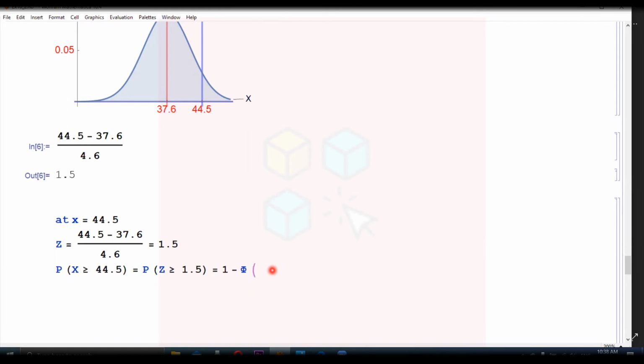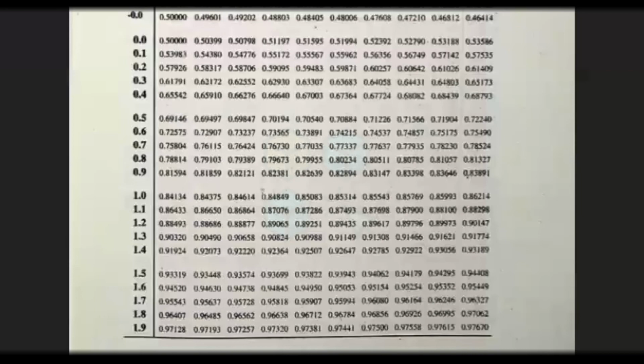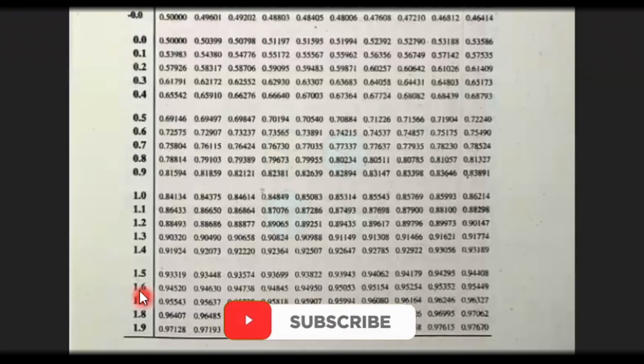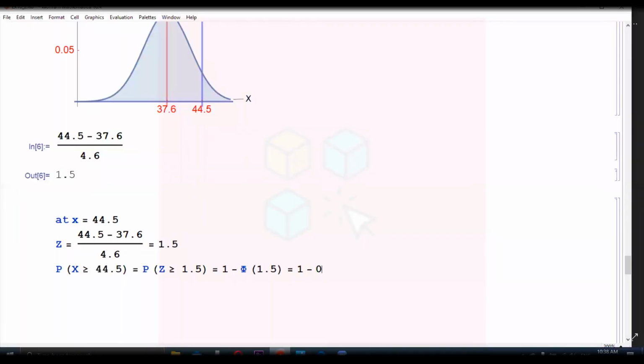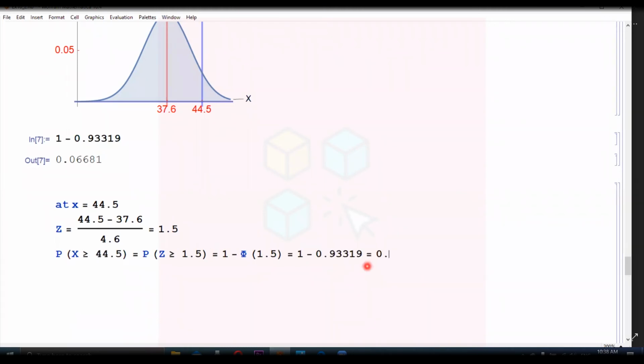of 1.5. So come to the table and locate this value, and we can write it as 1 minus the specific value for 1.5 from the table. So this is our table, and at the bottom this is 1.5, and against 0 its answer is 0.93319. So the answer obtained by solving it is 0.06681.